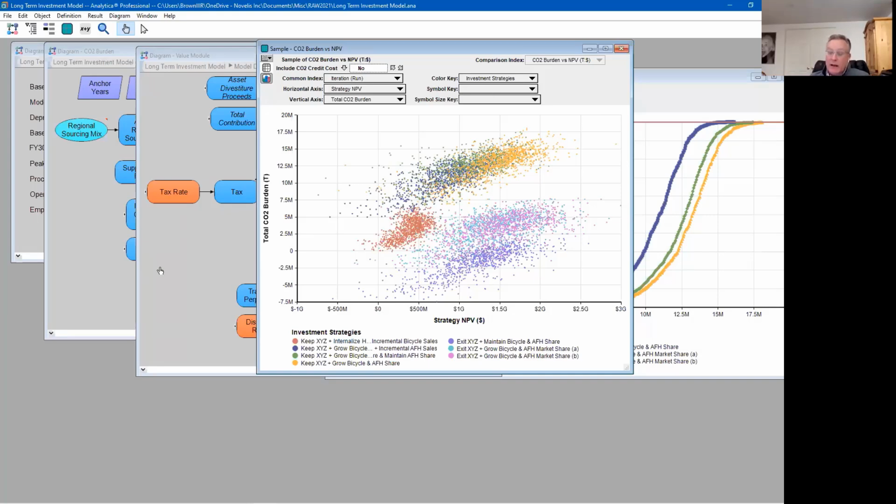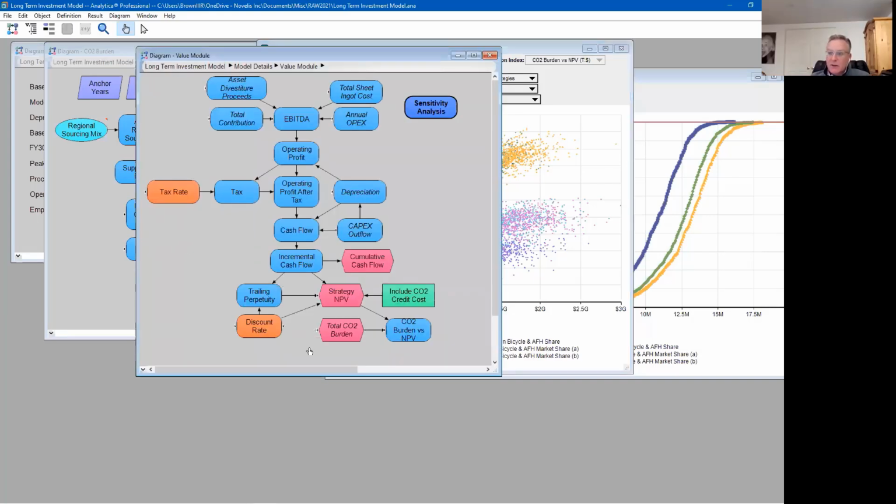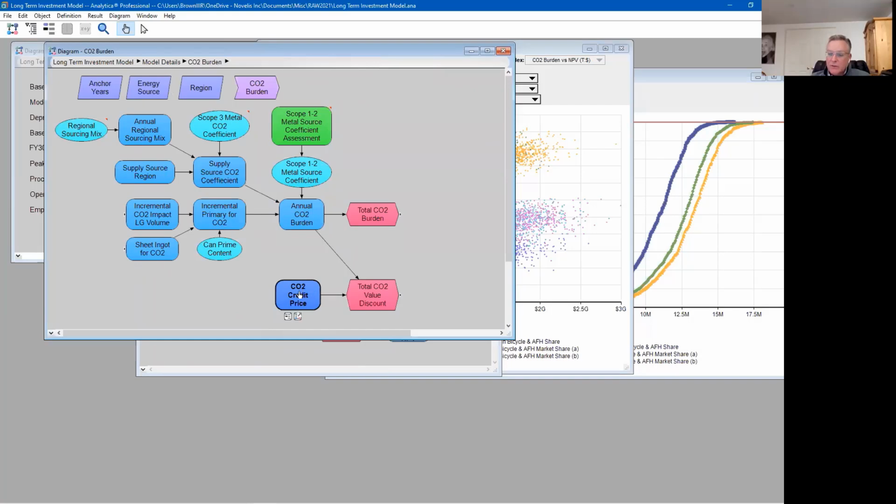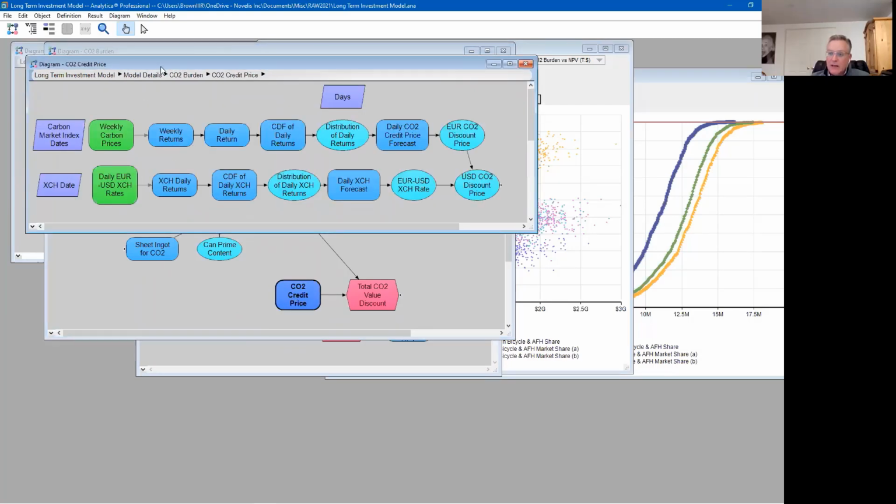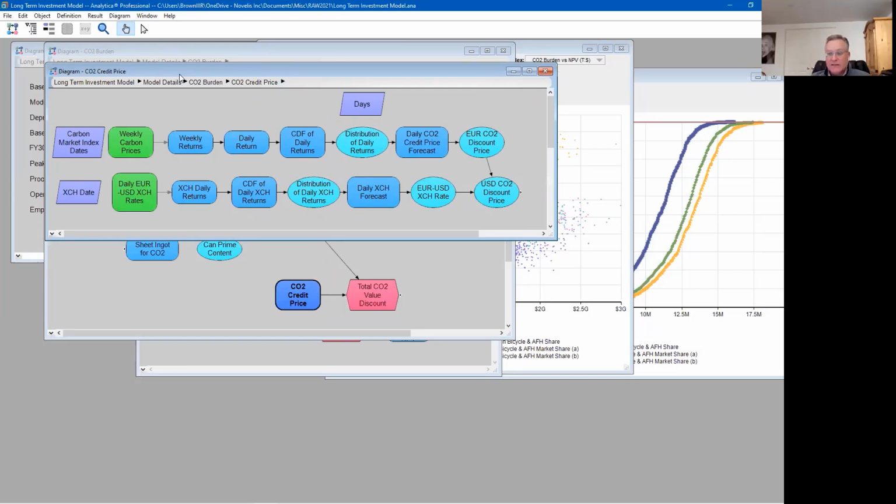How do we do that, or how can we do that? So if I go back to my CO2, what I've done is created a way of looking at the way the market thinks about valuing CO2. So primarily, I think credit markets exist for this.